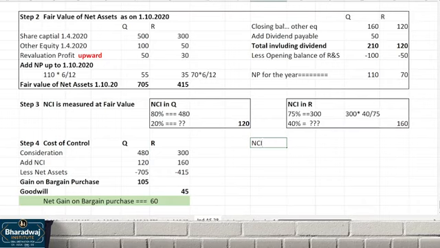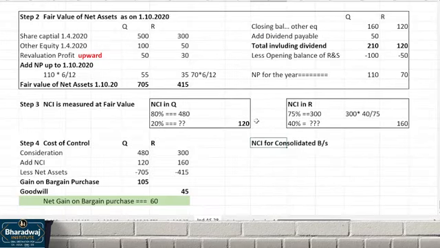Then NCI for the consolidated balance sheet, Q and which one? R. What is the initial recognition? At fair value. 120, 160. Add a share of post acquisition profit.